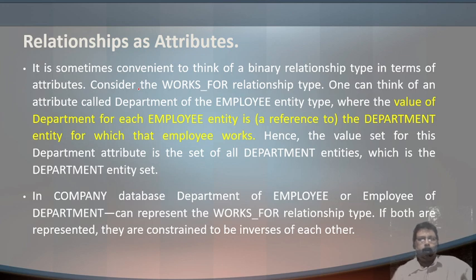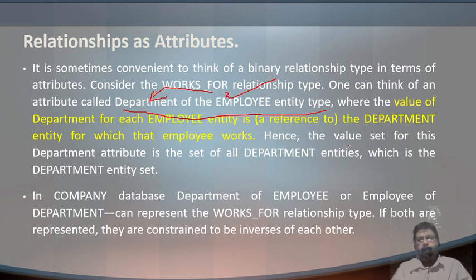What is the meaning of this? One has to think about which department the employee belongs to. The department is kept in a separate department table, but the employee should be referenced to that entity, correct?